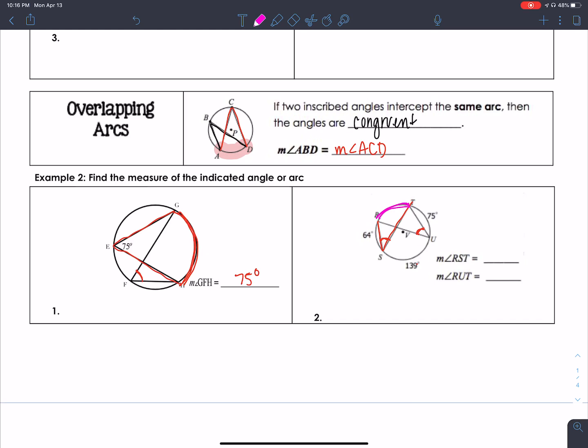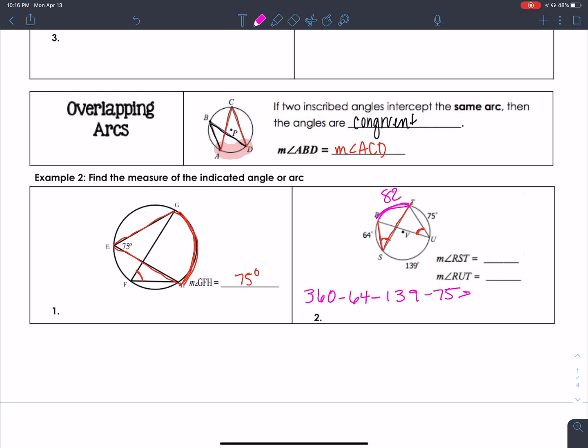Well, a whole circle is 360, so we're going to do 360 minus 64 minus 139 minus 75, 82.